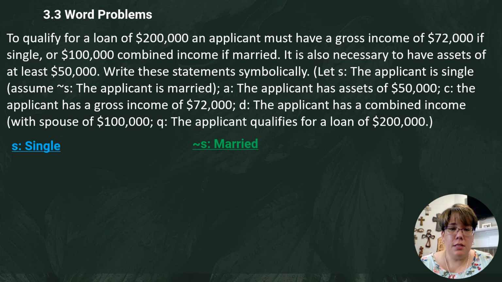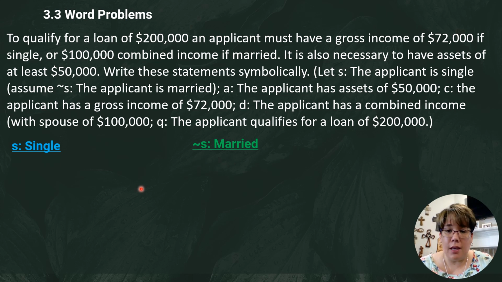Now, notice in the problem that they give you the variables that they want you to use. For example, right here it says S, the applicant is single. So I went ahead and labeled single, and then not S, the applicant is married, so I labeled not S for married.